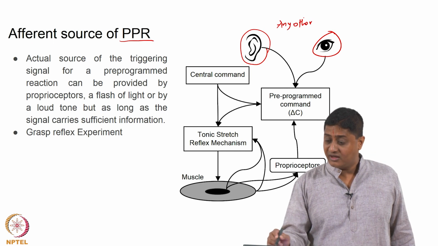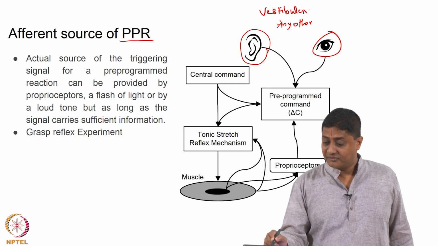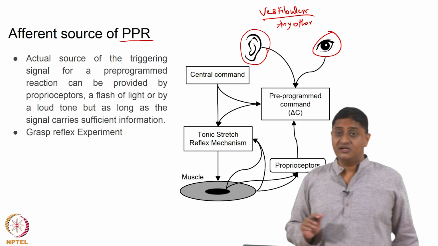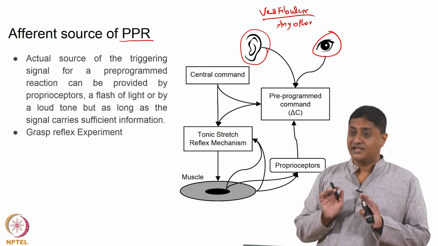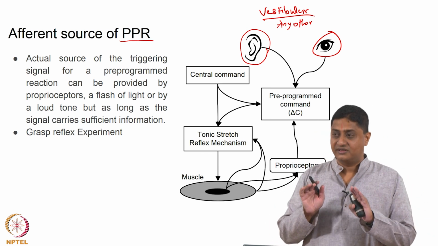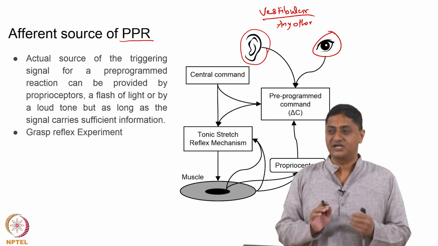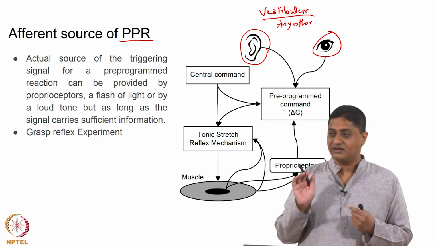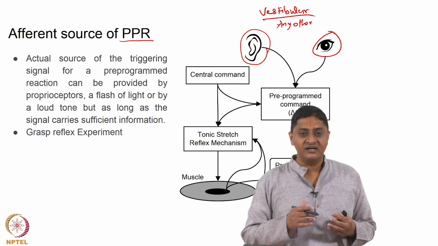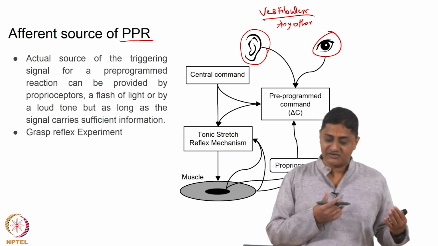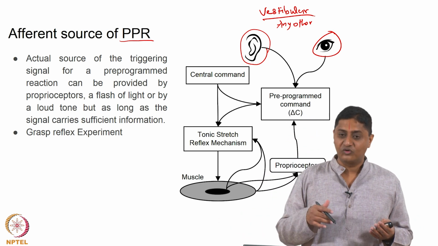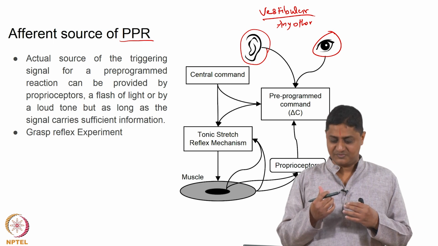Note, it can also be vestibular. What does that mean? That means there is a change in the posture, right. I can be just pushed a little, my posture can vary. So, if the posture of my head with respect to the ground or with the rest of the body varies, then there is going to be an immediate corrective mechanism, right.